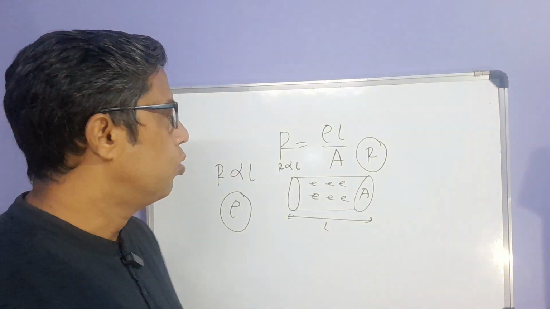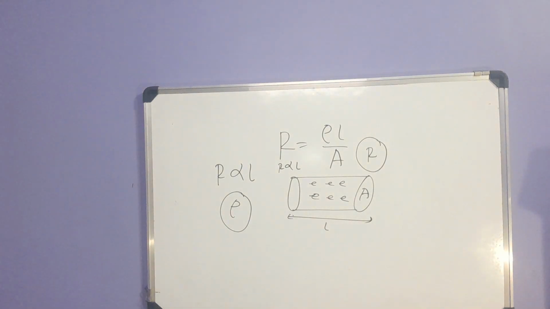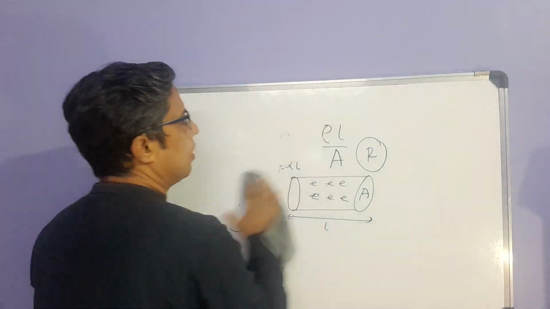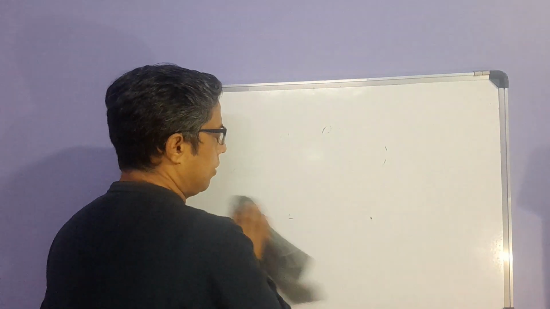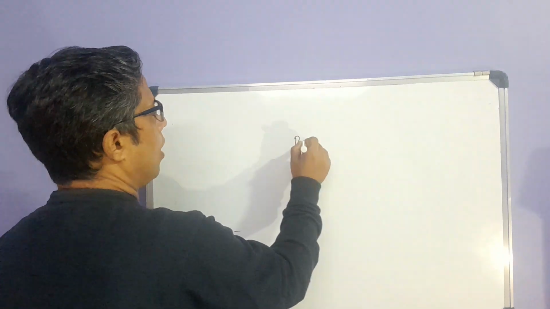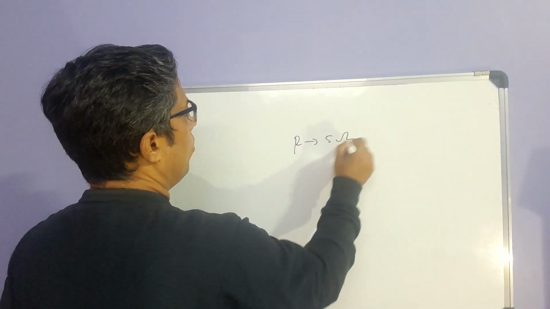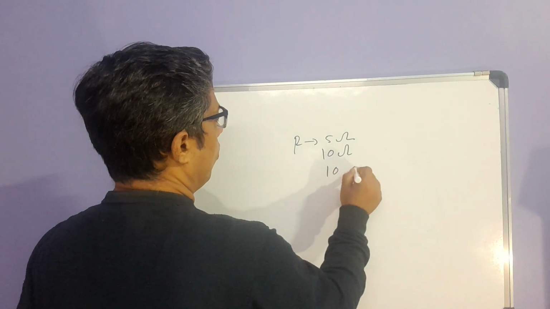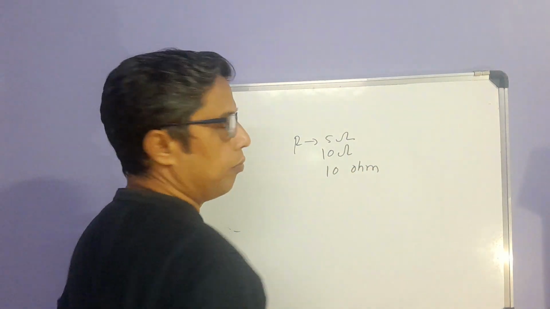That's a kind of superconductor. So this is the revision of resistance, and the unit of resistance is the ohm, right? We say R is, let's say, 5 ohm or 10 ohm. So this is the measure.